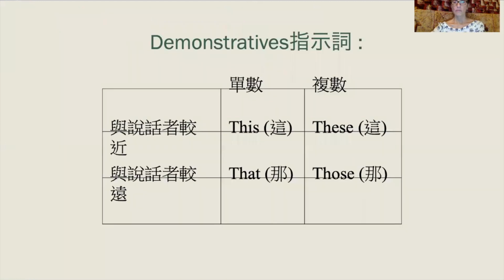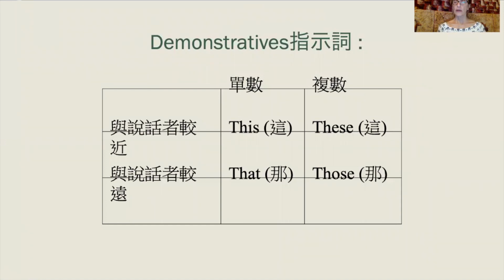Okay, let's move on. And this topic is called demonstratives. Demonstratives, 指示词. And again, like articles, 冠词, these are words that go before nouns.